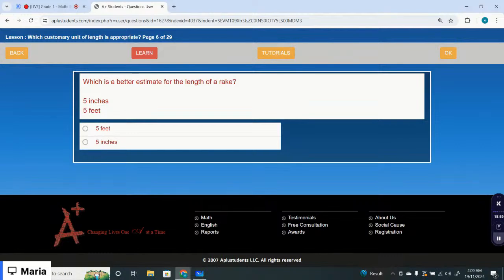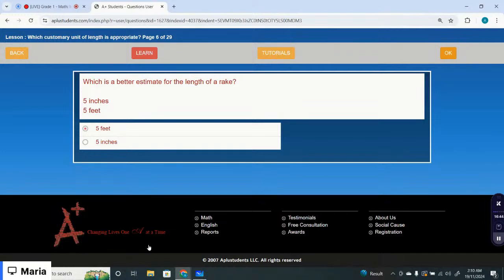Which is a better estimate for the length of a rake? 5 inches or 5 feet? The correct option is 5 feet, I think, right?